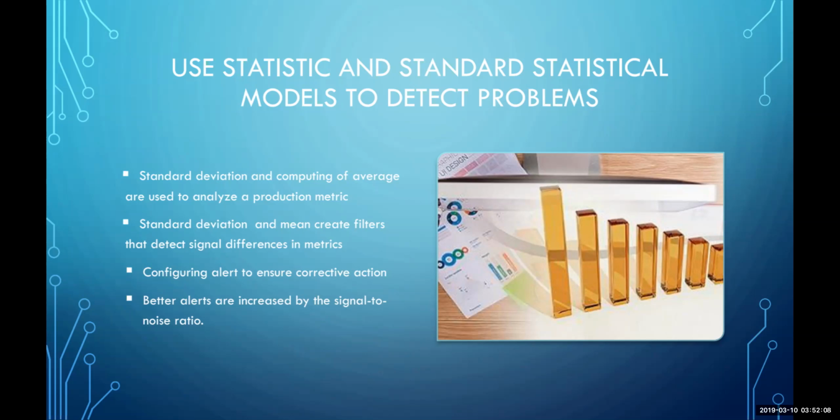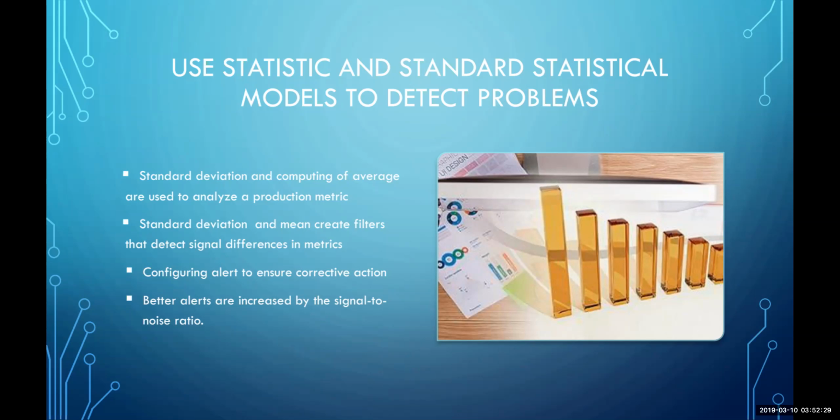We also discussed critical production services that have problems, and configuring alerts to ensure corrective actions, as well as how better alerts are increased by signal-to-noise ratio.